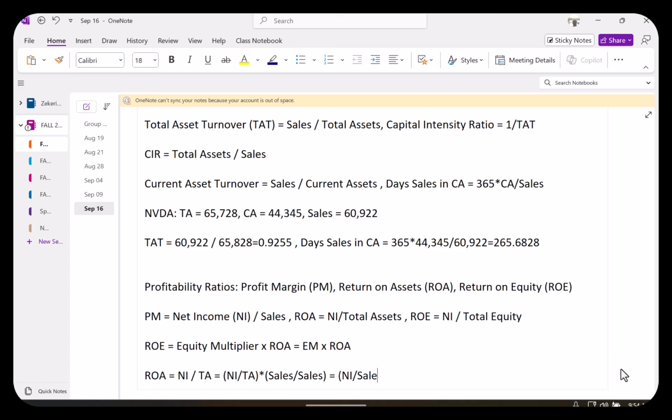So that's net income over sales times sales over total assets. The first ratio we can easily recognize from the definition. That's the profit margin, okay? And the second ratio is TAT.